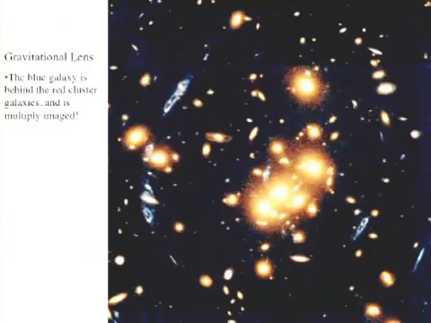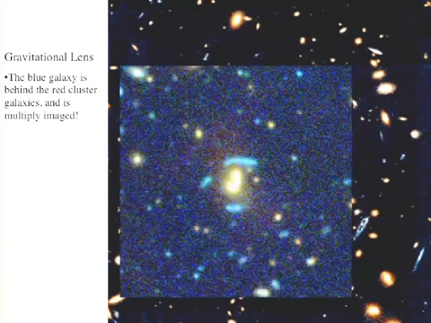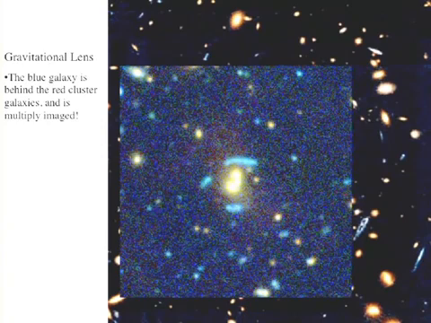Here's another. This is the one at the beginning of the course. The blue objects are behind the red objects. This is the same object here and here, and they have been gravitationally bent. Multiple images, just a magnificent object. Or another object, gravitational lensing of this foreground cluster of galaxies. This is from the Hubble Space Telescope, I think.